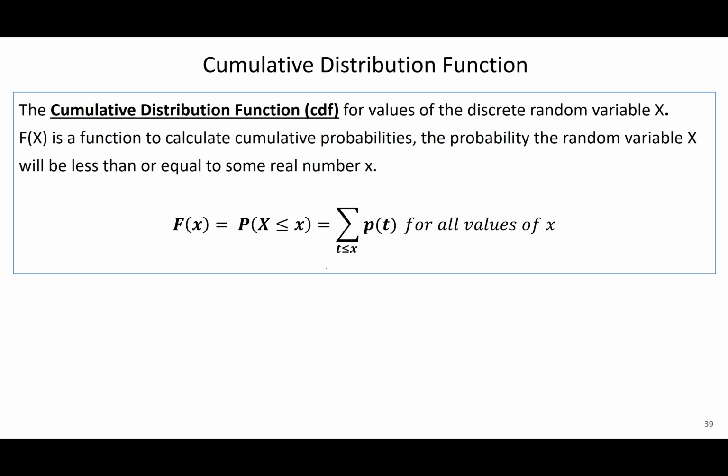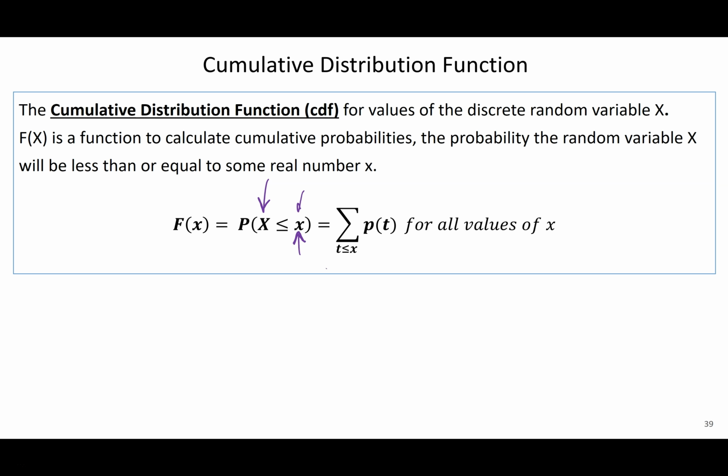So it's specifically the probability that the random variable is less than or equal to whatever value you're interested in, and the "or equal to" is important, especially in the discrete case. You start from your smallest value of x all the way up to the value that you designate here.